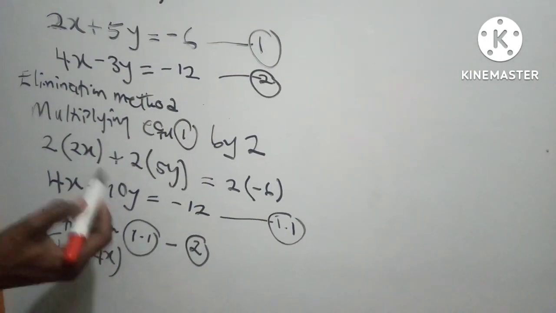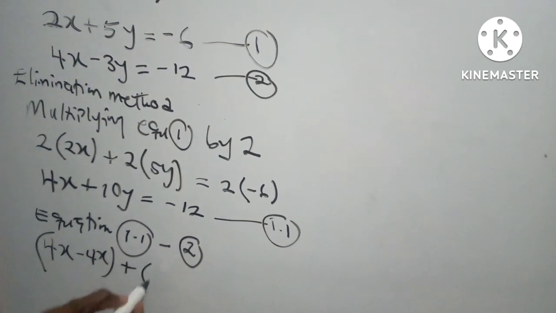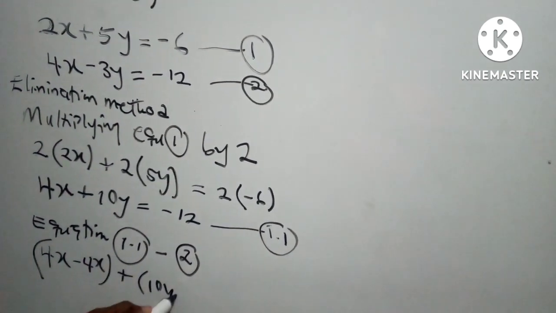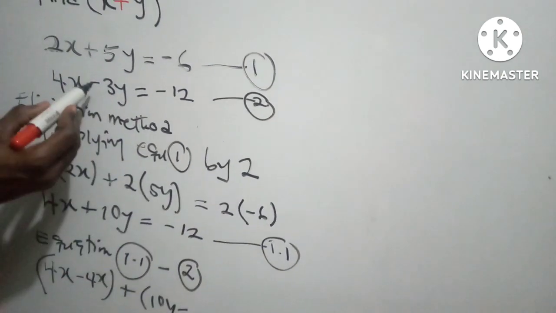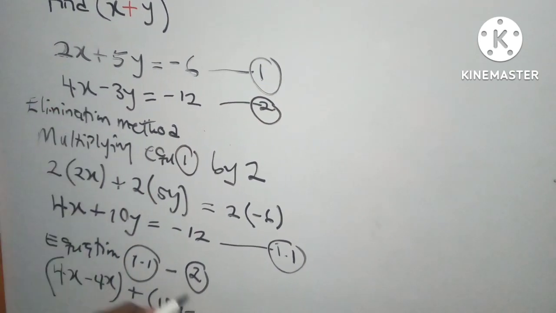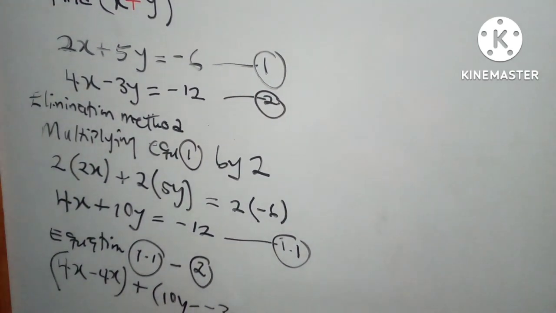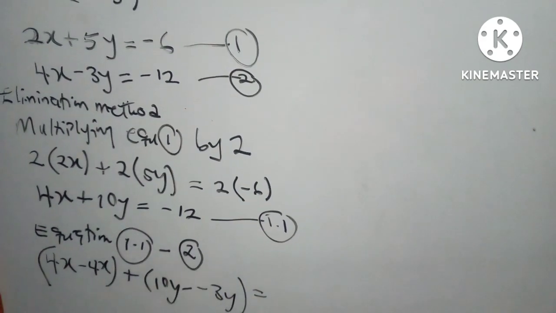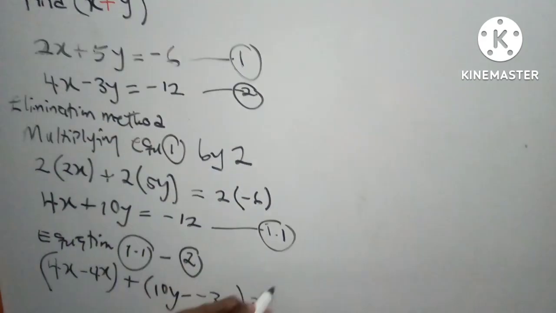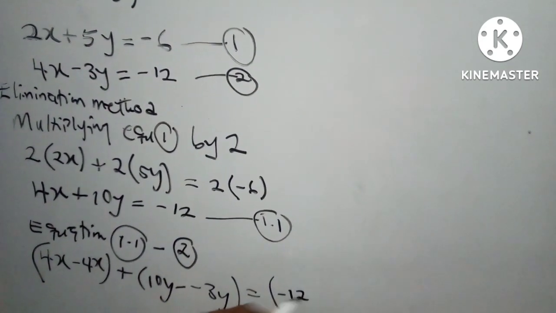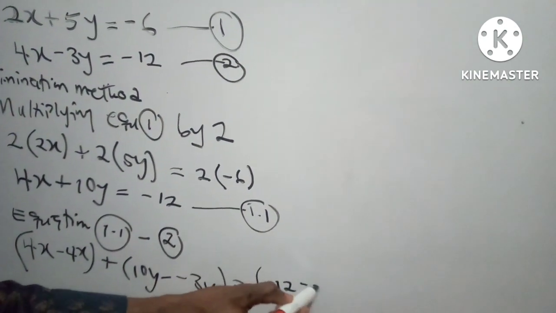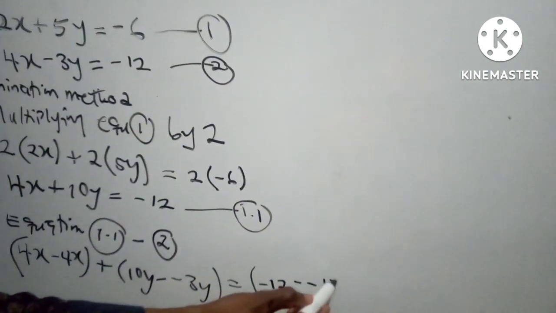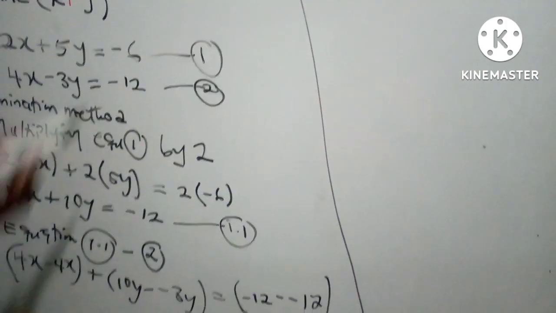And we have 10y minus 3y, which is also already having a minus sign, so minus, minus 3y, which will be equal to minus 12 minus 12. Let me go to this side of the board and continue.